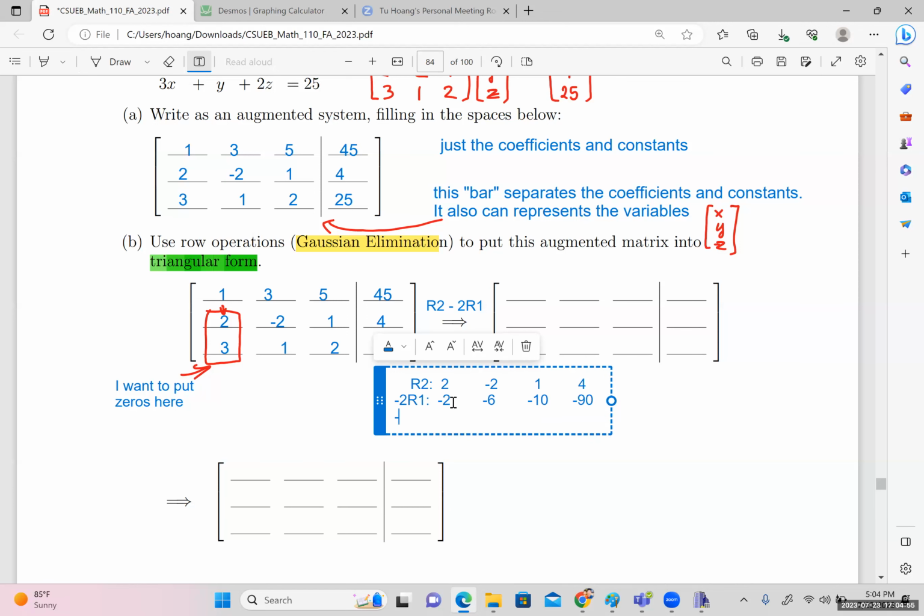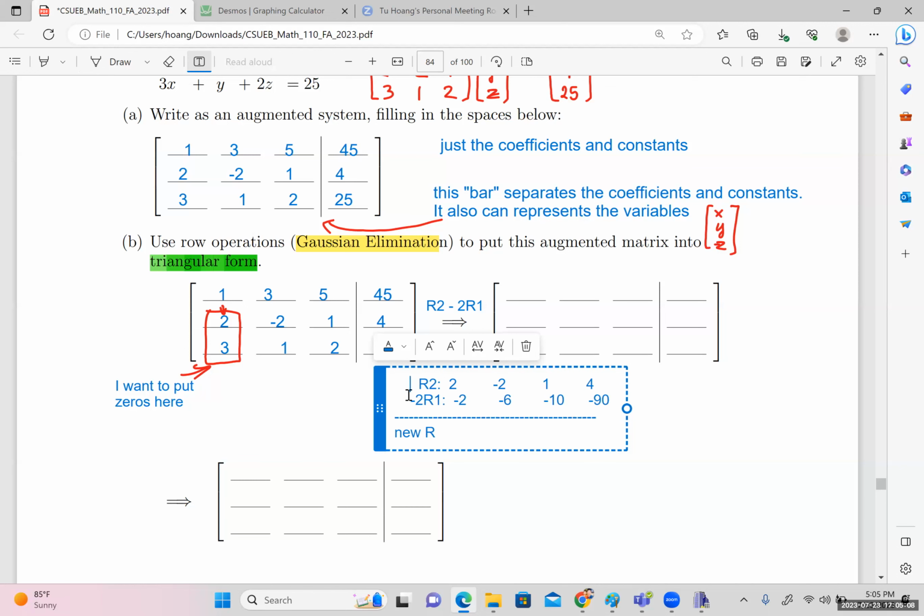If you add these two, you will have the new row 2 with 0 here, then -8, -9, and -86.